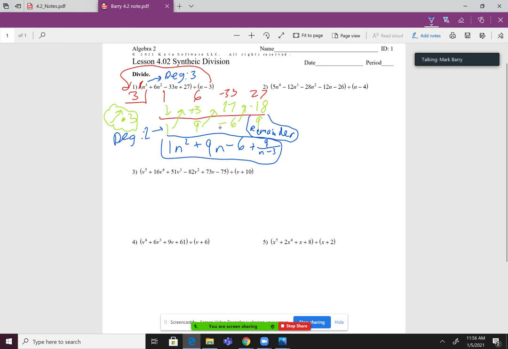So number 3, I'll set up my little cupboard. I'll set up my line. All right, on my line here, I have 1 to start, and then 16, and then 51, negative 82, 73, and negative 75.